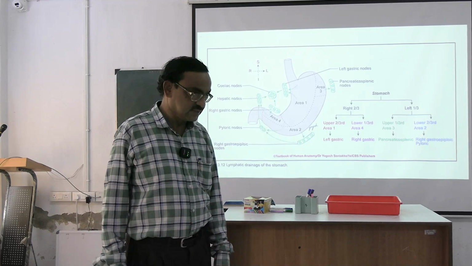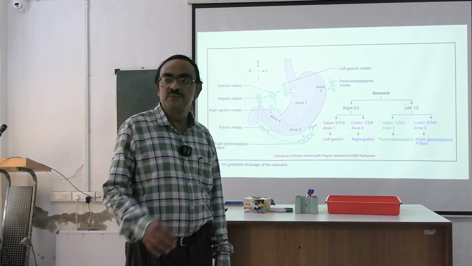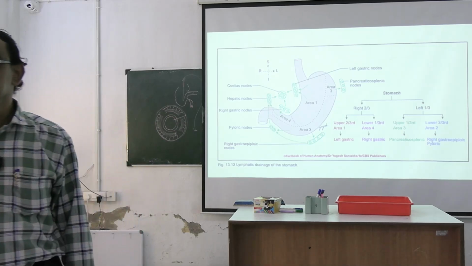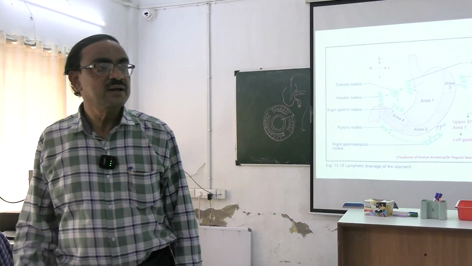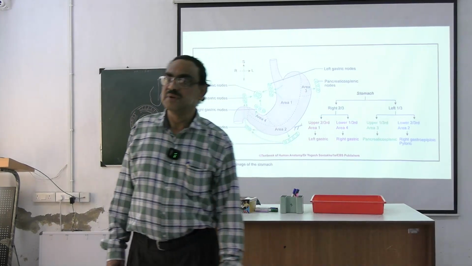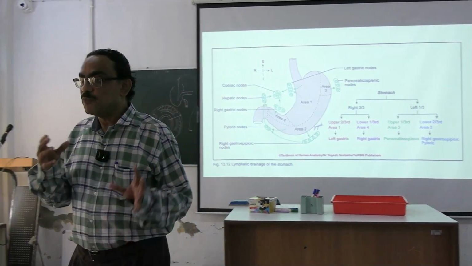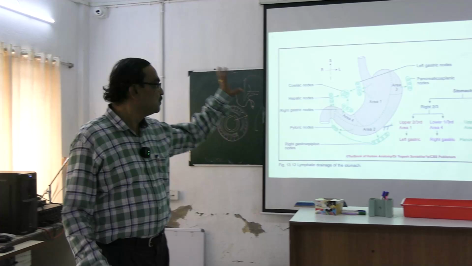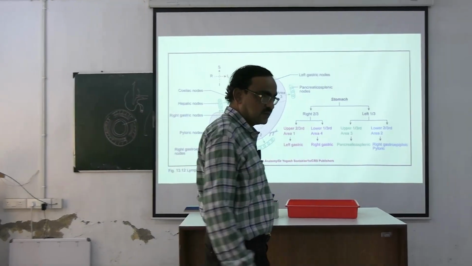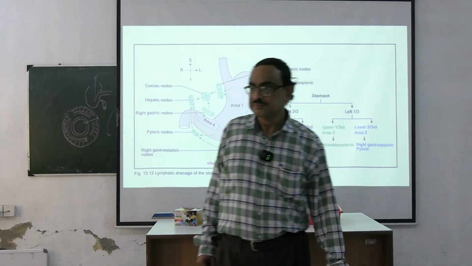There are 3 muscles. From outside inwards, they are longitudinal, then circular, and then the oblique muscles. And most outside we will get the peritoneal layer, that is the serosal layer. So there are 4 layers.